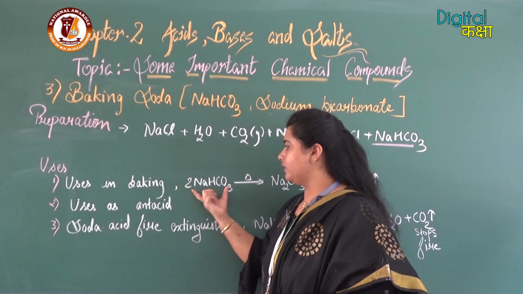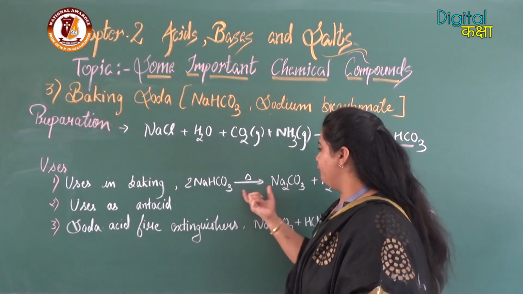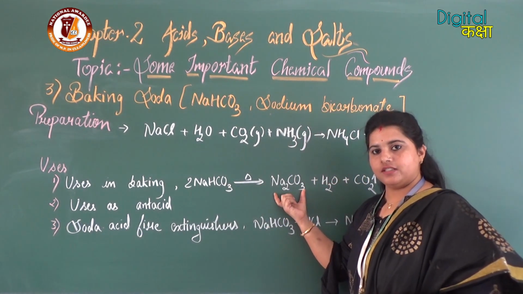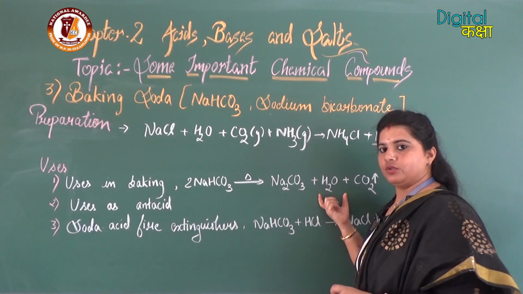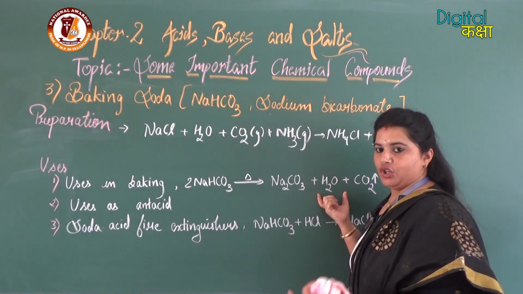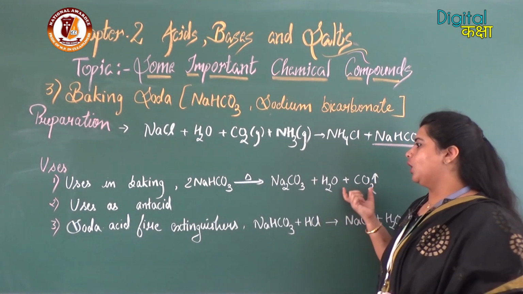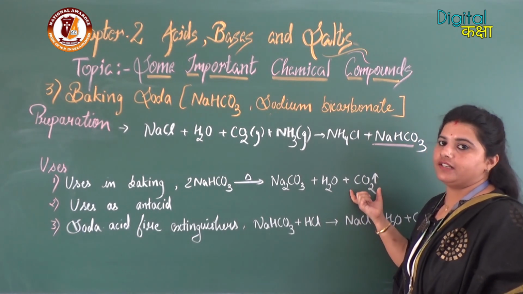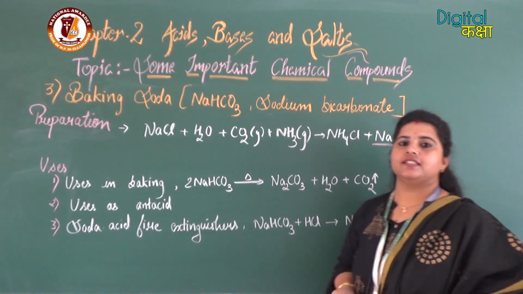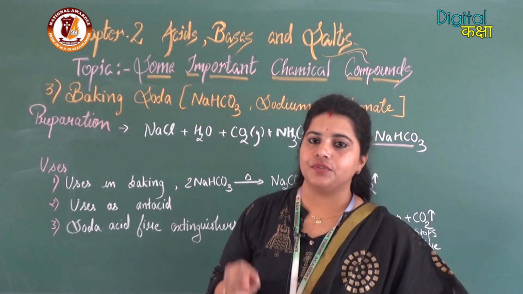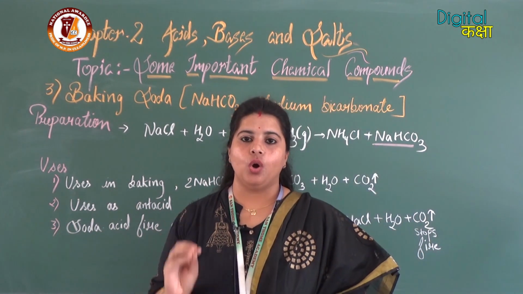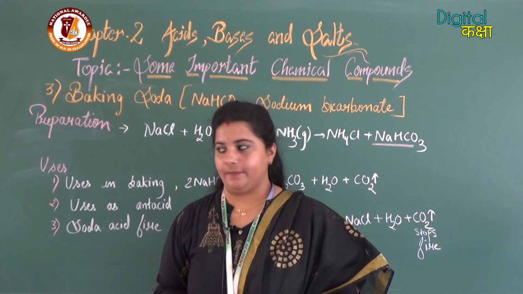When baking soda is heated up, it forms sodium carbonate, a salt, and water, so it gives moisture to the content. Along with it, CO2 gas is released. This CO2 gas gives pores in the cake, or it makes the cake fluffy.